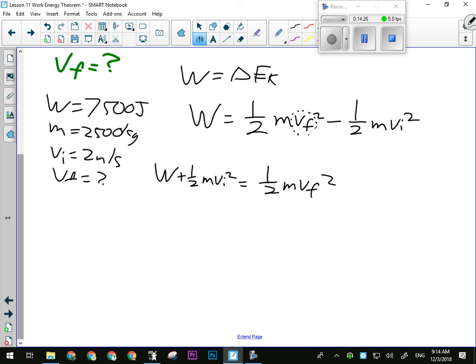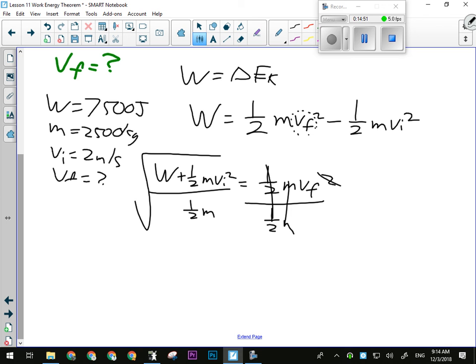Now, is it easier for me to isolate vf? What do I do to get vf by itself now? Divide by 1/2 of m. That doesn't cancel the 1/2 of m. Sometimes people make that mistake. There's an addition operation on the top, so I can't cancel that. And then I need to get vf, so I'm going to square root. This one's fairly involved in terms of manipulating.